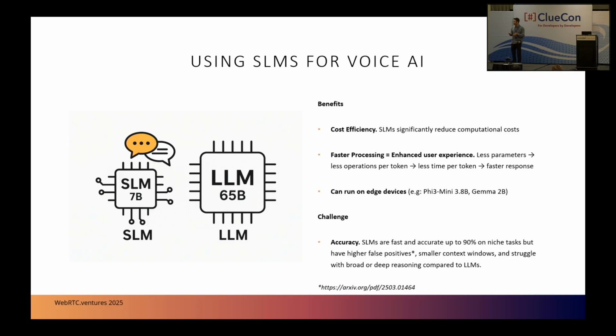They are much cheaper, more cost-efficient, faster at processing, and they can run even on edge devices. You can run a 7 billion or 1 billion parameter model on your laptop, and I will show it today. You can also run it on the server, and it will return with lower latency.